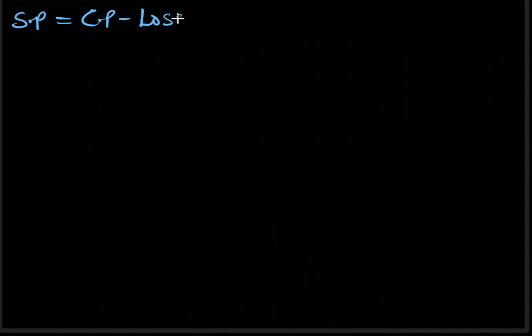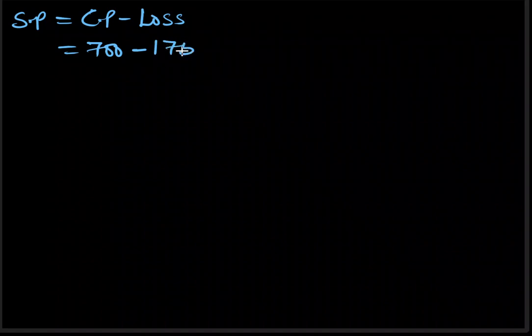Selling price will be equal to cost price minus loss, which is equal to 700 minus our loss, 175, and that will give us 525 naira.